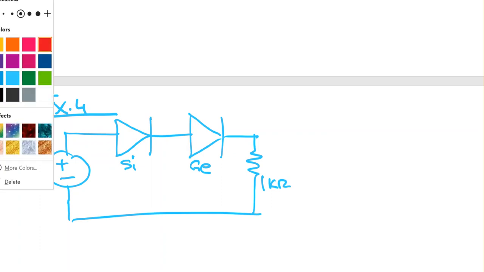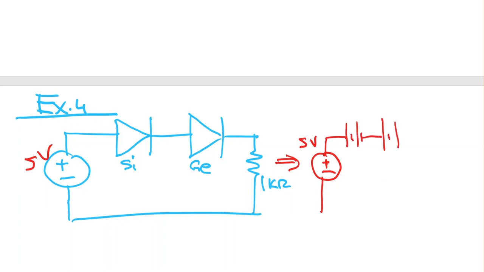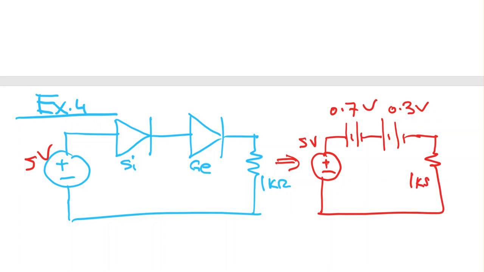So we said that in this case the representation should be again the same. I have plus minus, this is 5 volts. Here I have a threshold, and here I have another one, but notice that this will be 0.3 volts, this will be 0.7 volts, and then you have your 1 kilo ohm here.